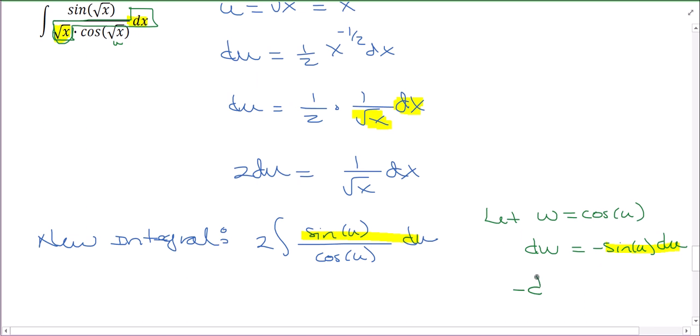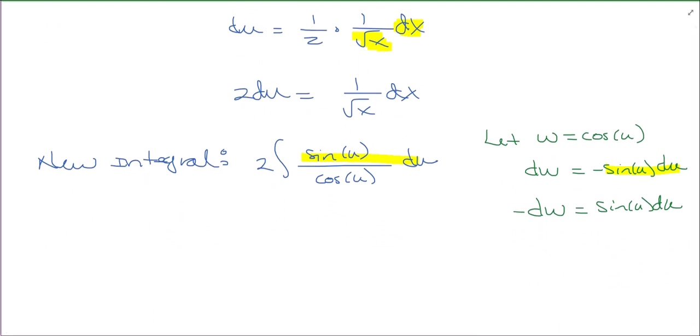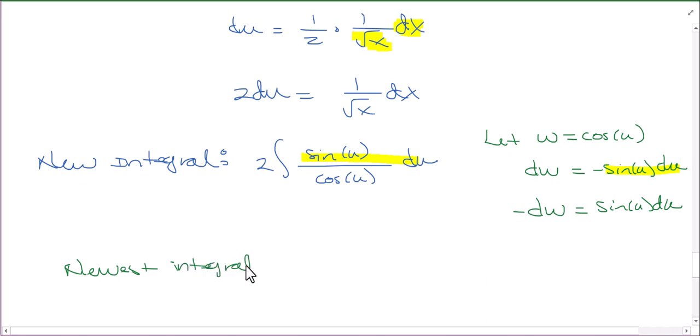Negative dw is sine of u du. So with this substitution, the newest integral will be negative 2 times the integral of 1 over w dw, since we let cosine of u be the whole w.